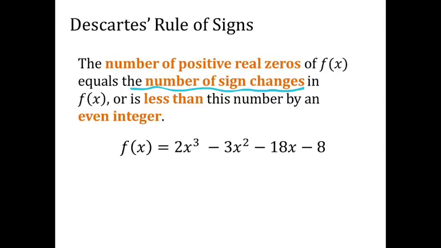My first term is a positive term, and then my second term is negative. And so right there I have one sign change. My third term is still negative, and my final term is also negative. And so for this particular polynomial, I only have one sign change. And according to the rule of signs, that's going to imply that we have one positive real zero.